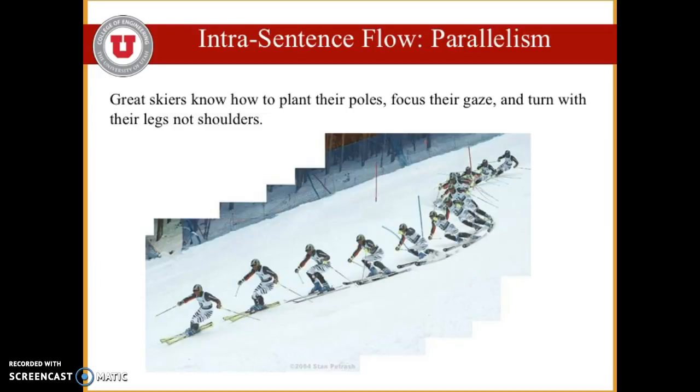The answer is that all 3 items in our list, plant their poles, focus their gaze, turn with their legs, have a verb, a present tense verb: plant, focus, and turn. So instead of mixing up our list here with perhaps compound nouns or different tenses of a verb, we're making sure that this is cleanly aligned, and this is an example of parallelism.